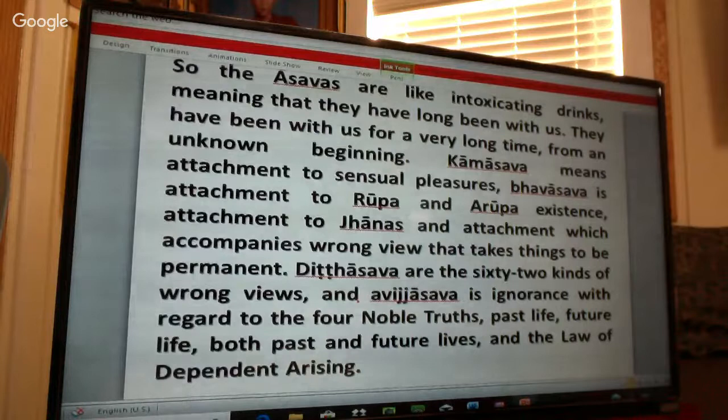We cannot explain all of them here; 62 is too many, we cannot finish in this chapter. So if you want, you can read the Digha Nikaya, Silakkhandhavagga, where the Buddha explained in detail.